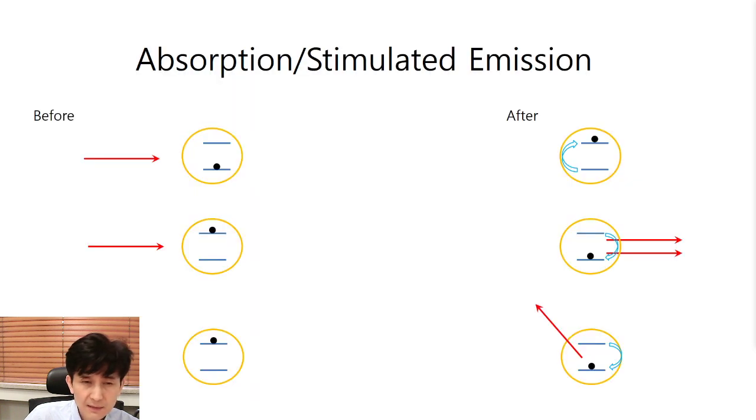Here, when we describe the absorption and stimulated emission, whenever there is an increment or decrement of photons, there is a change in the atoms in the excited state. When one photon disappears, simultaneously one atom is excited. The same is true for stimulated emission.